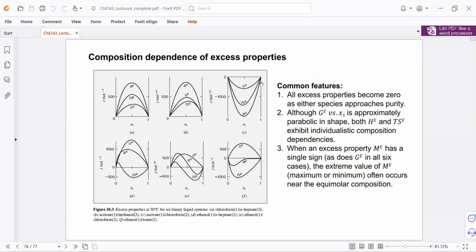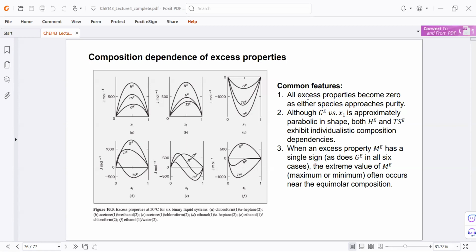All the excess properties G, S, and H become zero as either species approaches purity. In a binary system, if x1 is 0, that means x2 is 1, or species 2 is pure. It becomes purely species 2, and at either pure species, the excess property becomes 0.